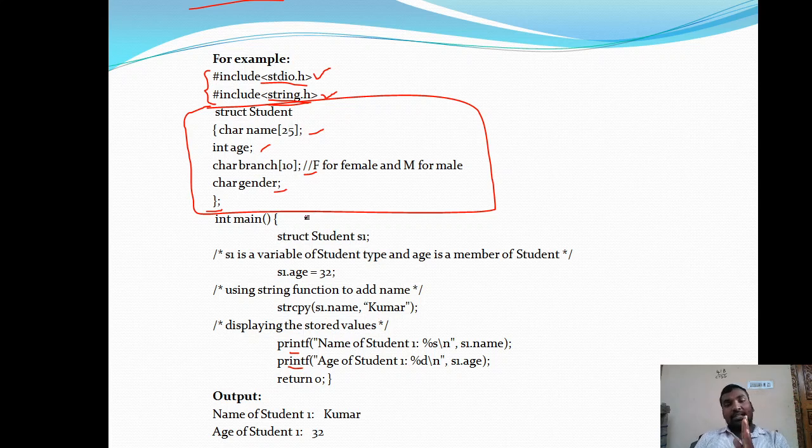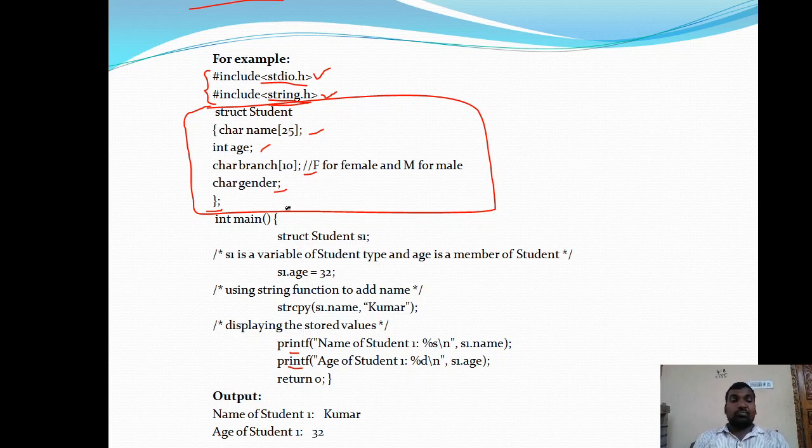So I am restricted to only four properties of a student. A student may have any number of fields, like semester, pin number, address, mobile number, and many others. You can practice with any number of fields.